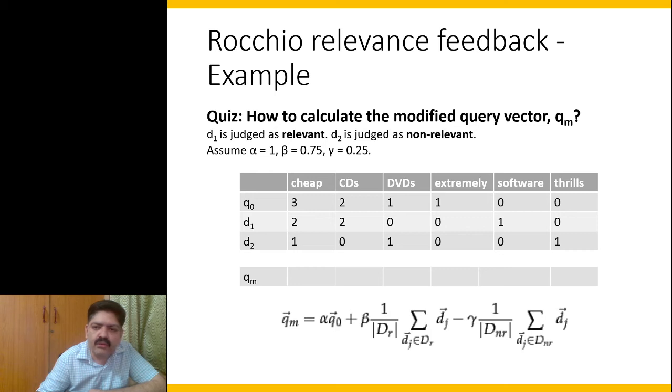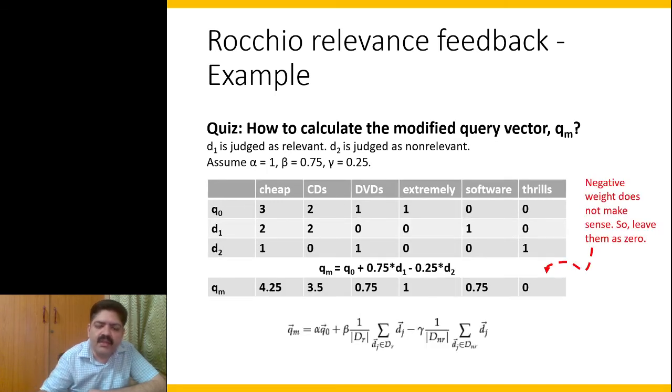So all I have to do is simply Q0 plus 0.75 D1 minus 0.25 D2, and that's all I need to do. So I have Q0, and I need to add 0.75 times D1 to it and remove 0.25 times D2 from it. And if I do that, I get 4.25 for the first dimension.